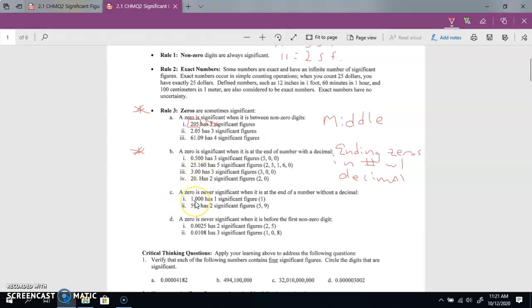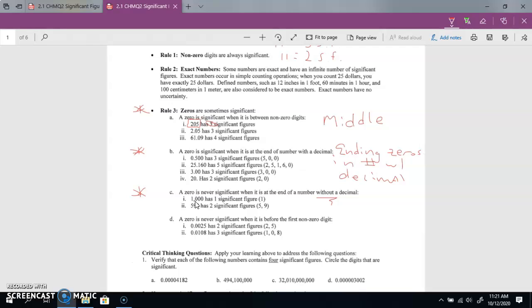Okay, 3C. 3C again has to do with another type of zero, and it says a zero is never significant when it's at the end of a number without a decimal. So this is an ending zero in a number without a decimal.